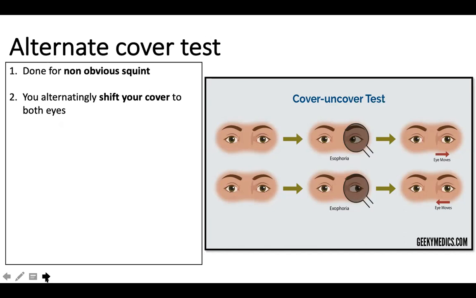You rapidly shift your cover between the right eye and the left eye, and you quickly see the eye which you have just uncovered. For example, in this case, if you shift the cover between the right eye and the left eye, and once you move from the left eye, if this left eye comes out, it means that there was an inward squint towards the left eye. But as you can see here, this is done usually for a manifest squint.